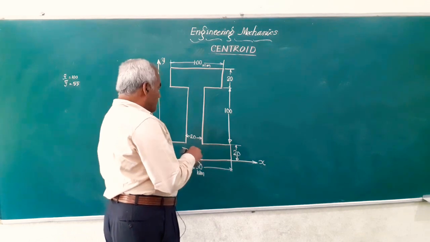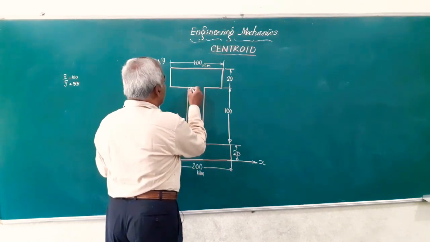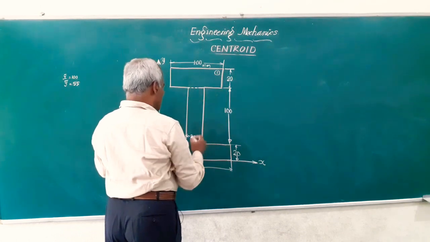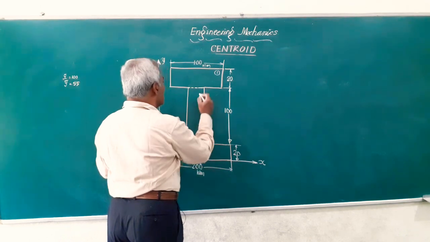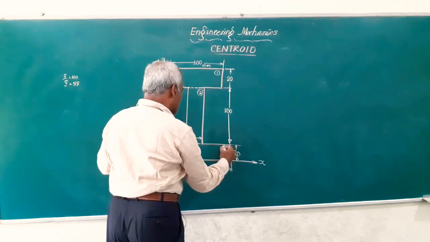If you split this figure into three rectangles, this is rectangle number 1, this is rectangle number 2, and the bottommost is rectangle number 3.